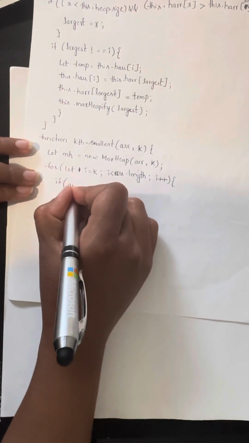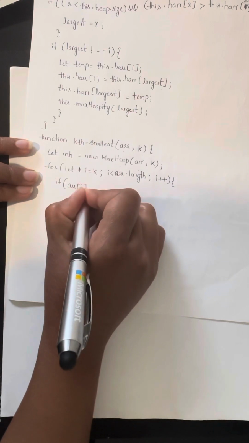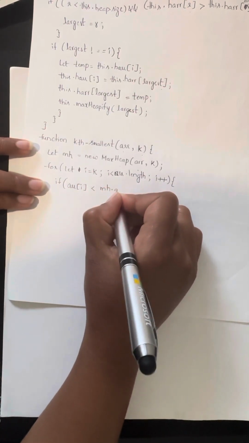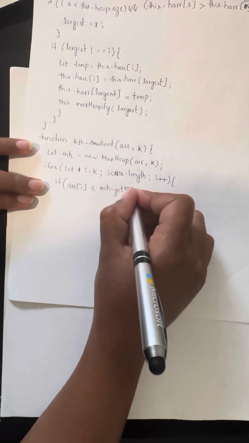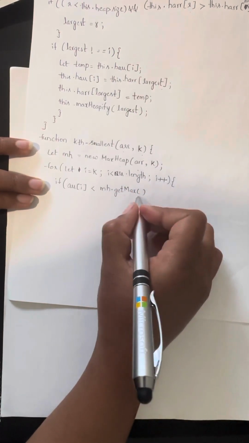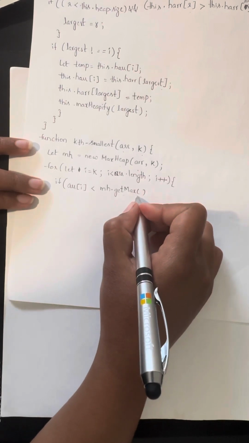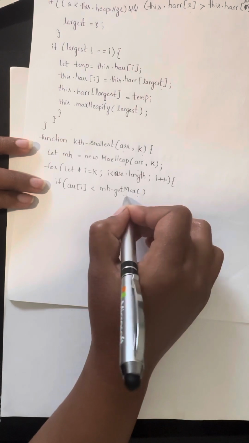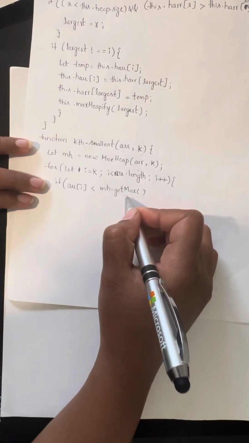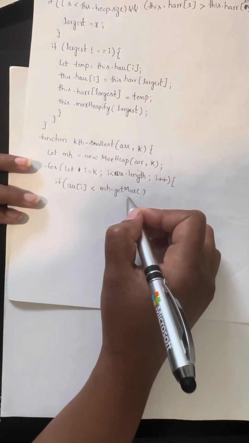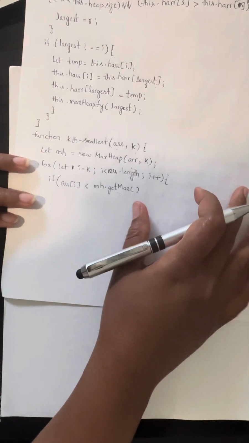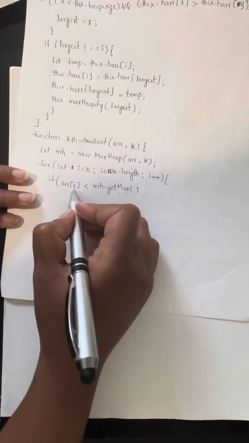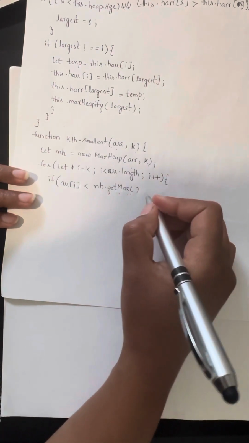If array of i is less than mh.getMax. So the getMax function gives the element at index 0 after doing the max heapify, which means the largest element after doing the heapification. If array of i is smaller, then we are going to replace it.